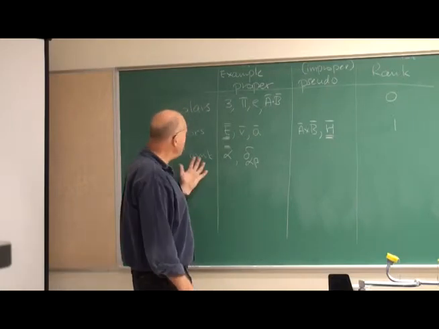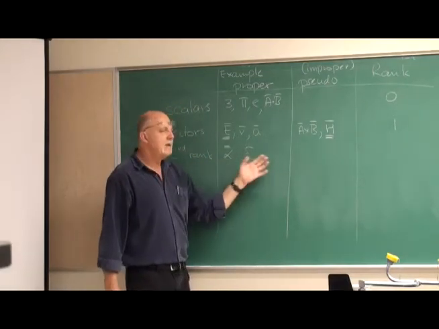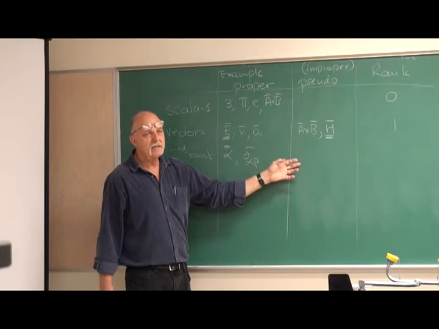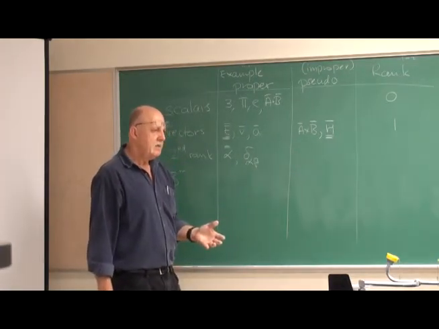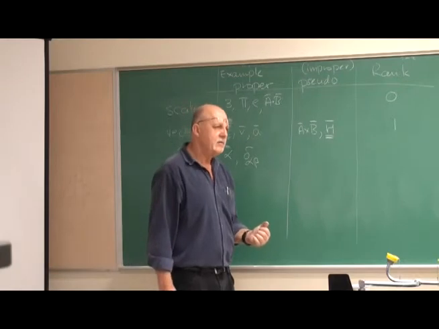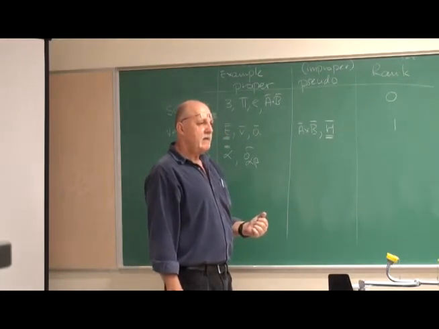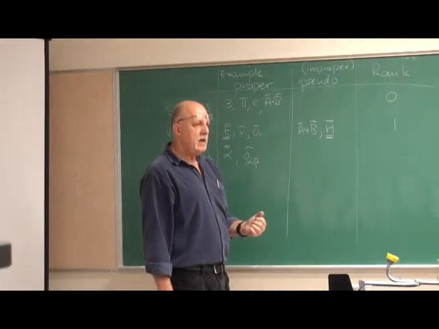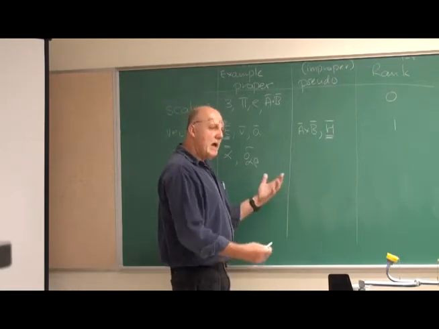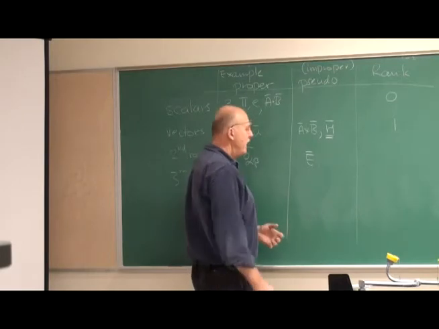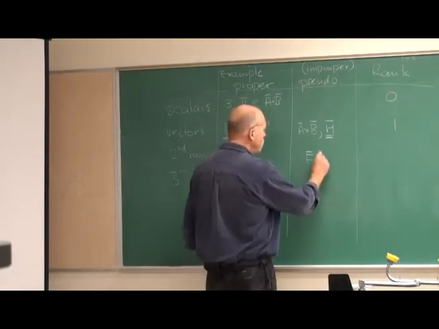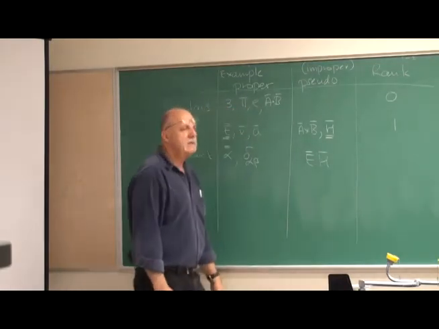Now, can I make a second rank pseudo tensor? I don't think you can make a second-rank or an even-rank one. So I take a proper vector, say the electric field, and I take its outer product with a pseudo vector, say the magnetic field.